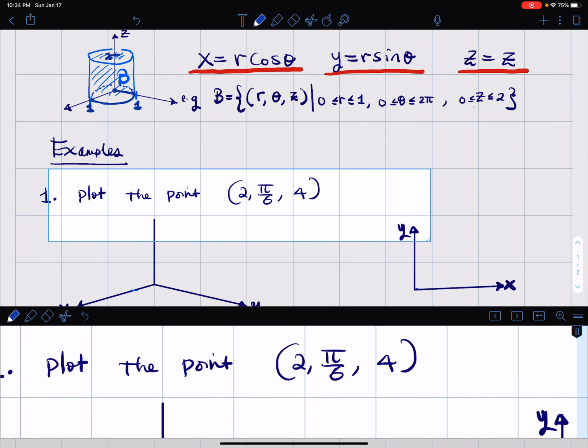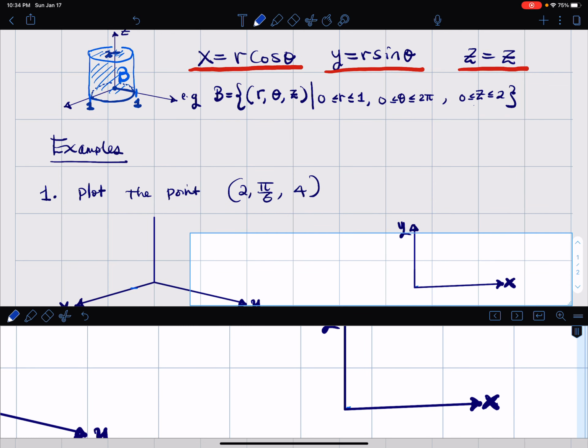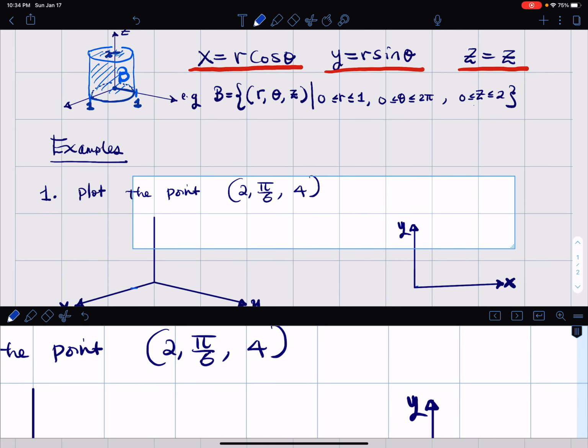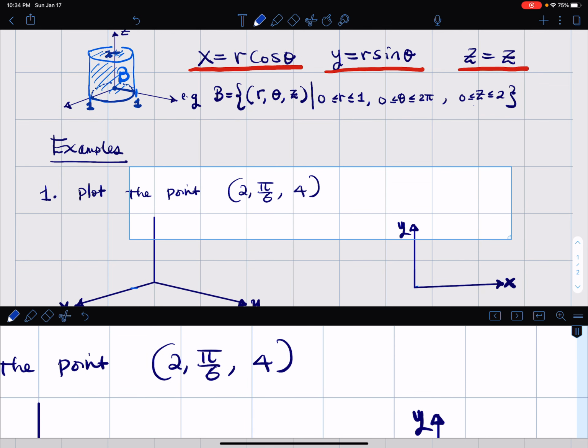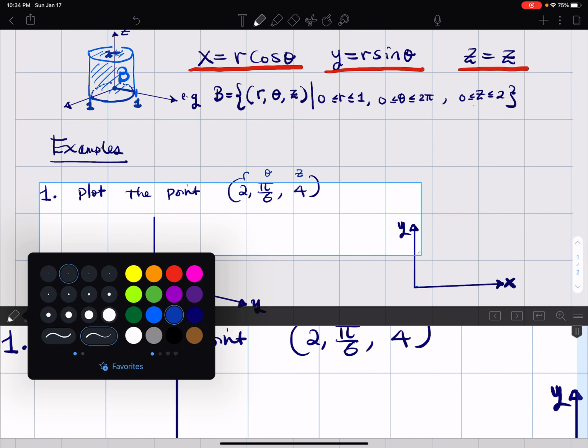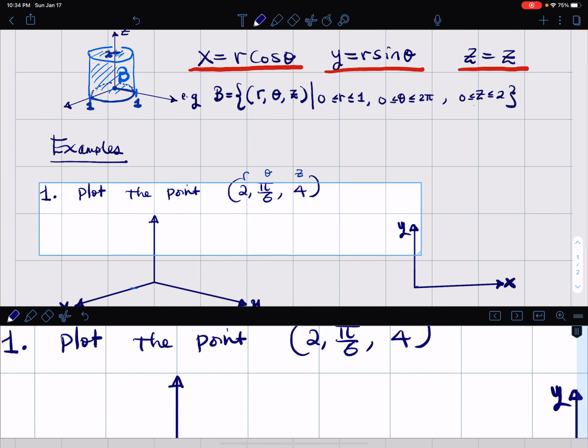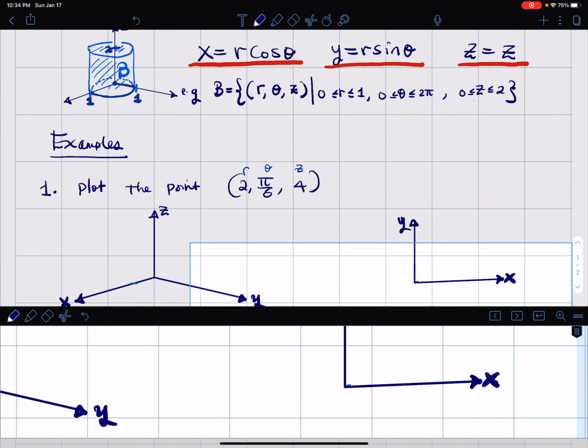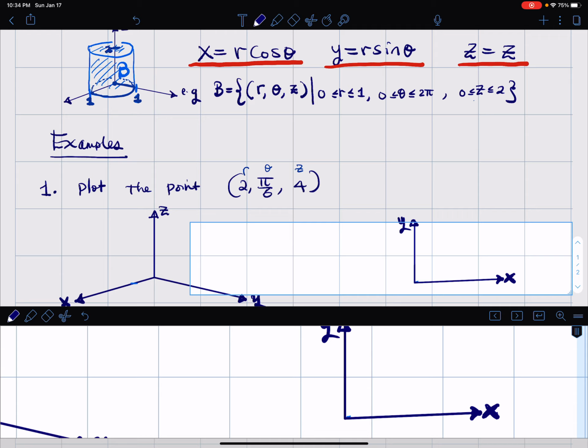Assume you want to plot the point (2, pi over 6, 4). So our r is 2, theta is pi over 6, and z is 4. We want to plot it in the x, y, z space. I'm going to start by plotting r and theta on the xy plane.